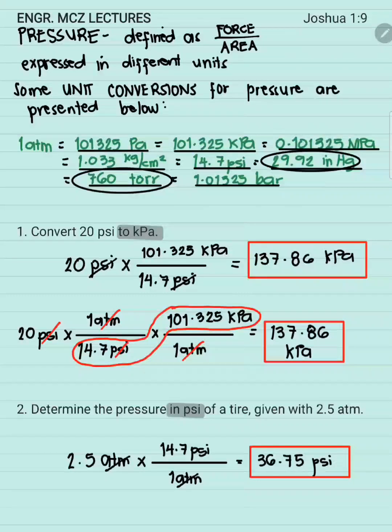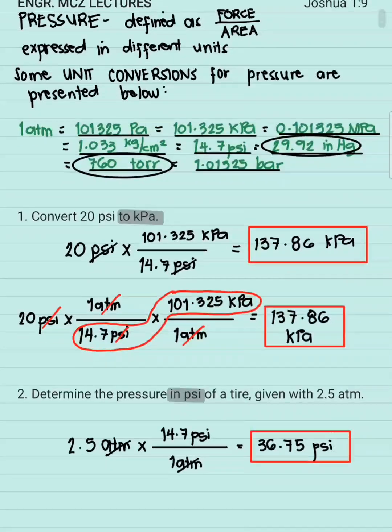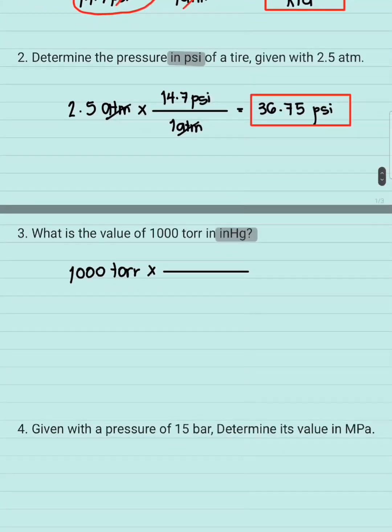We can utilize these two since torr is given and the required unit for the answer is inches of mercury. For every 760 torr, we have 29.92 inches of mercury.